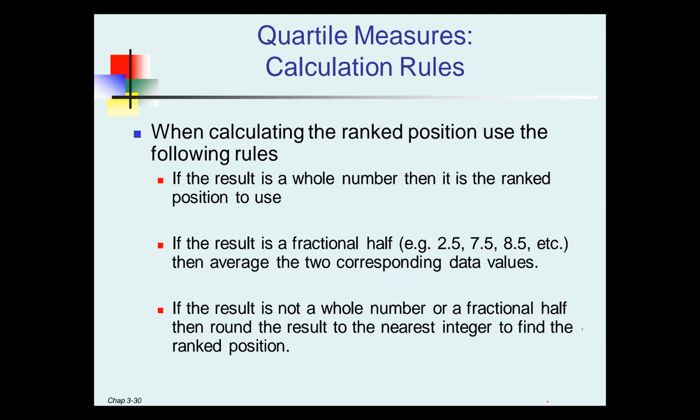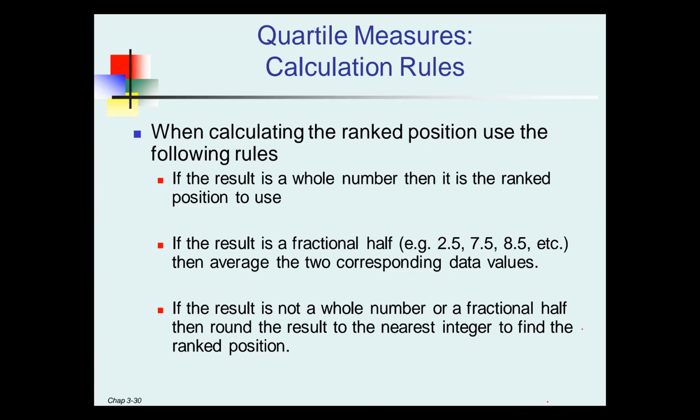So if you find a position number, maybe 6, that simply means when you go back to your data arranged from the smallest to the biggest, the one that is on position number 6 is the first quartile.